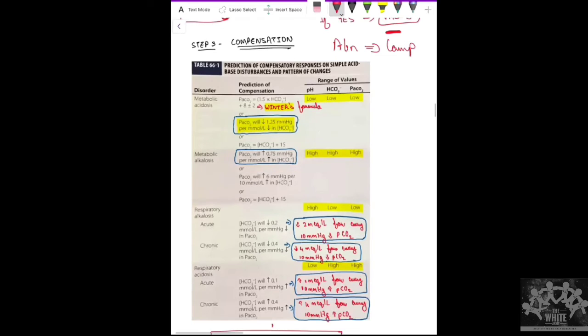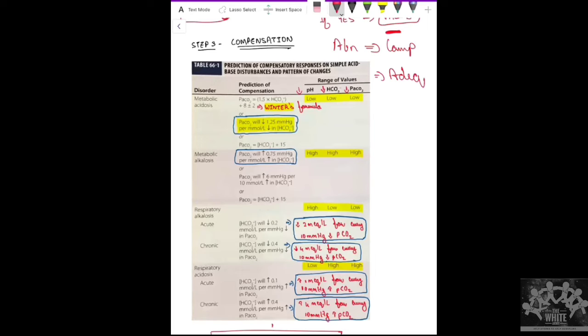To see whether there is adequate compensation or not, we use a set of formulas. What I've marked in blue are the ones which are regularly followed and easy to remember. In metabolic acidosis, what happens? The initial abnormality is decrease in HCO3 minus levels. To compensate, PCO2 also decreases, which leads to decrease in pH.